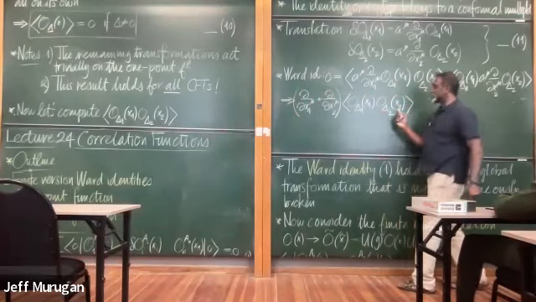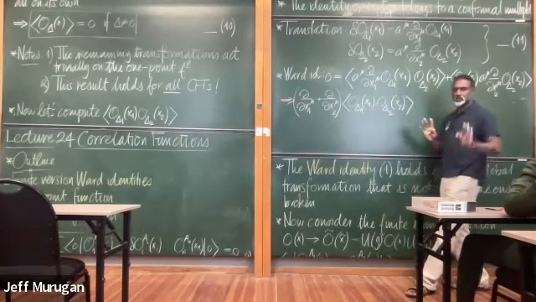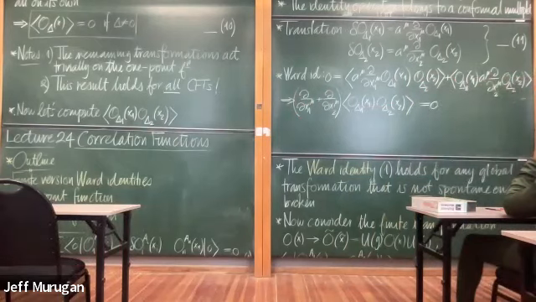By the way, the functional dependencies here are x1 mu and x2 mu. But the point is that this derivative acting on the 2-point function must vanish. This is what I meant when I said that the Ward identity converts the constraint equation into a differential equation that must be satisfied.